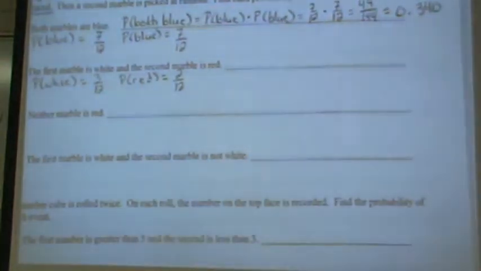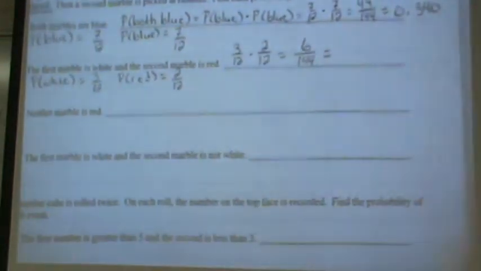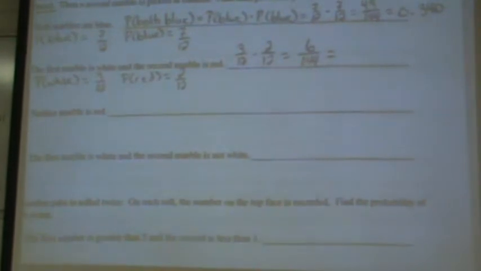So we have 2 red marbles out of the 12. So the probability that you get a white and a red is the 3/12 times the 2/12. So you're going to get 6/144. Which gives you a decimal of 0.042.